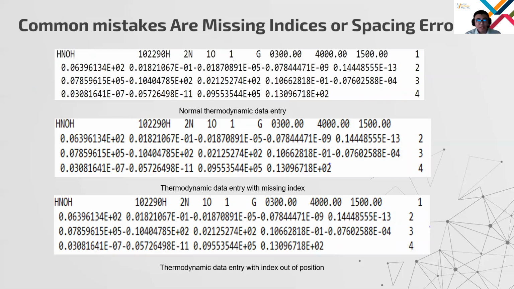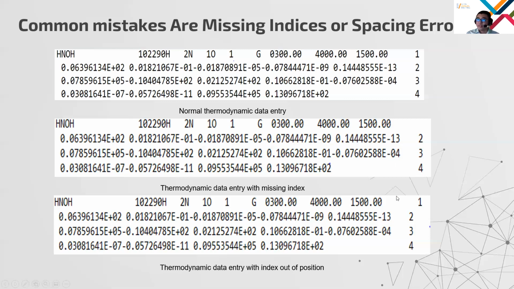The most common syntax errors we found are missing indices or spacing errors. The first data entry shown here is a normal thermodynamic data entry. For the second case, we can see that the index number at the end of the first line is missing, and in the third data entry, the index number at the end of the first line is out of position.